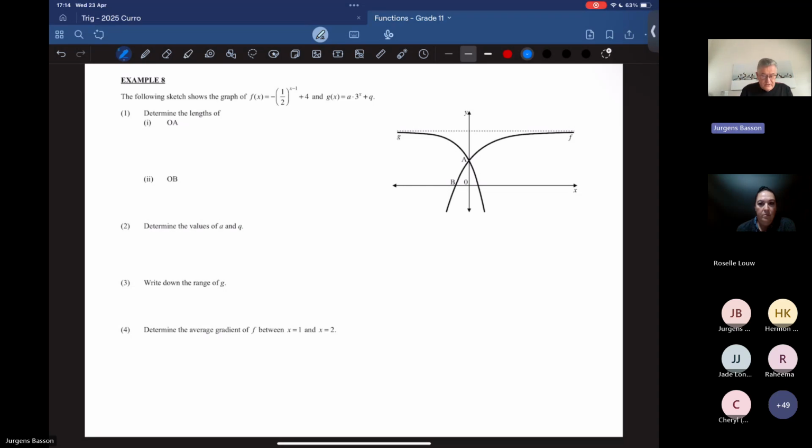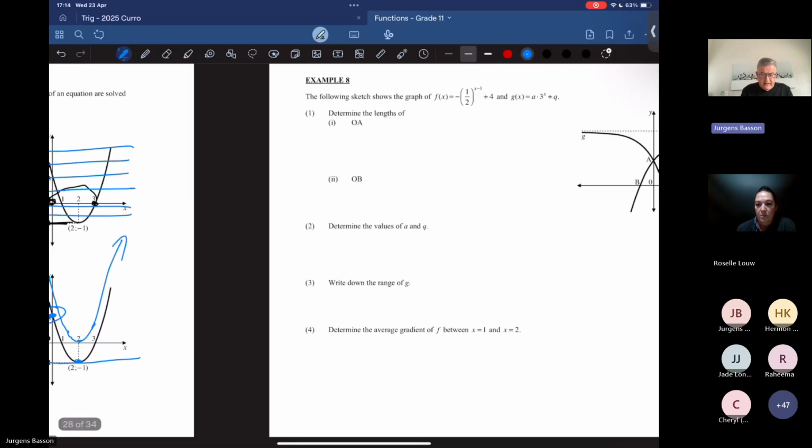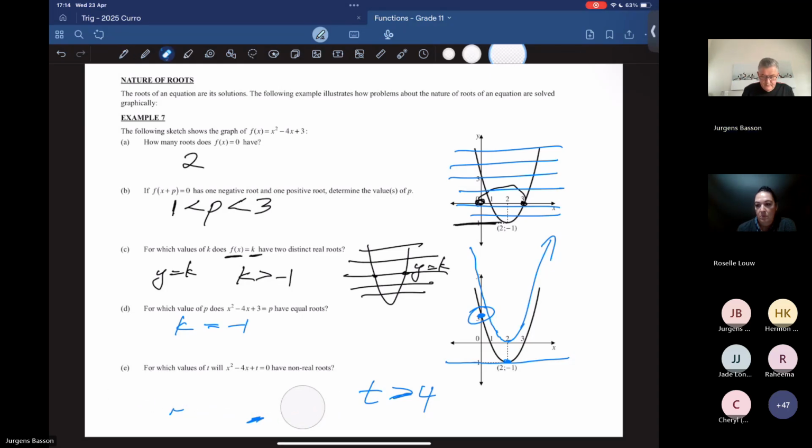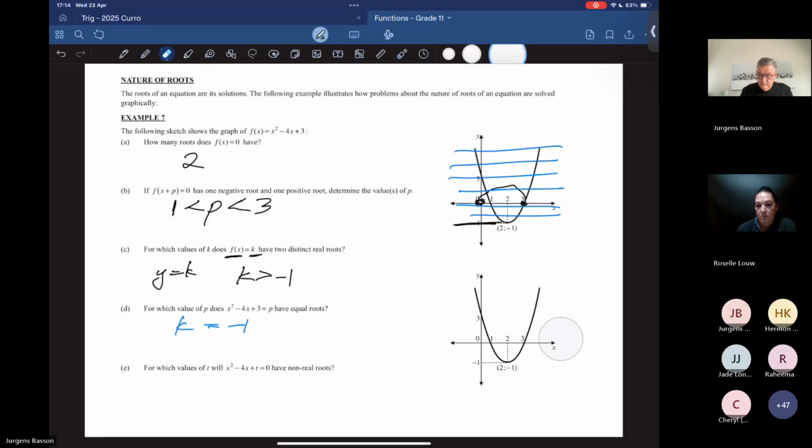Now, there's another question. Someone asked, I must explain a question. Rizal, can you see that? Can you explain example 7E? Oh, this last one. Yes, that we can do. All right.